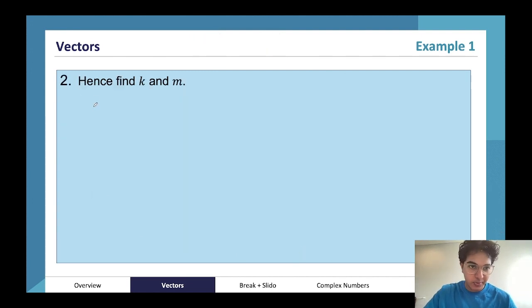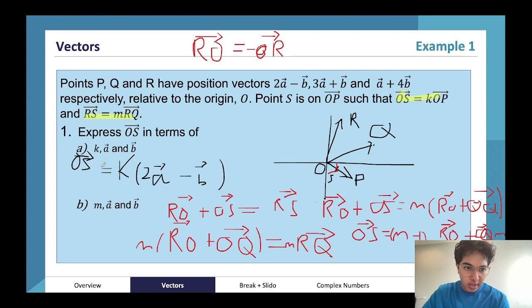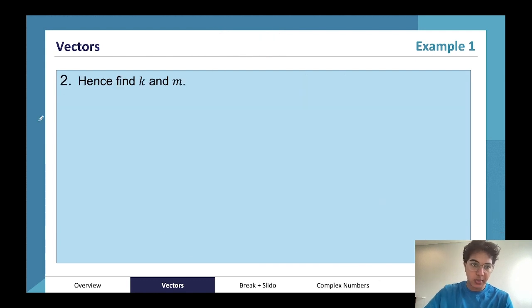All right, so the first thing I'm going to start with is equating the result I got here and this result here. I'm going to put them together, and then from there I'm going to try to work out what k and m are going to be. So we'll have k 2a. Also, I'm not going to bother throwing in the tildes or the arrows. Again, I'm sorry, but please do this when you do your working out.